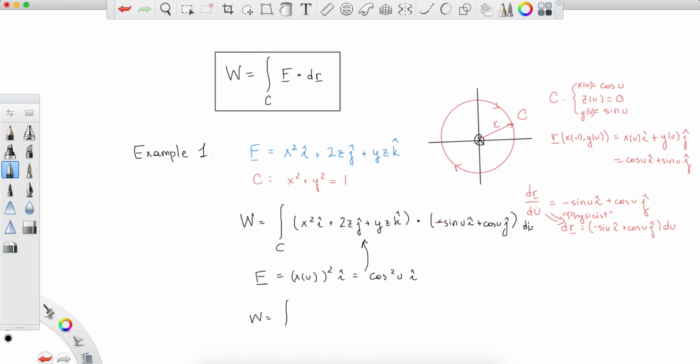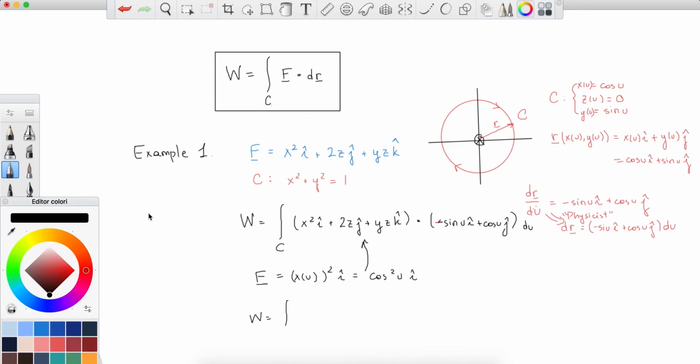We're integrating with respect to a variable u now. And what does that variable run from? It runs from 0 to 2 pi, right? Because if you want a full circle, then u has to go from 0 to 2 pi, and that is because it's in the clockwise direction.